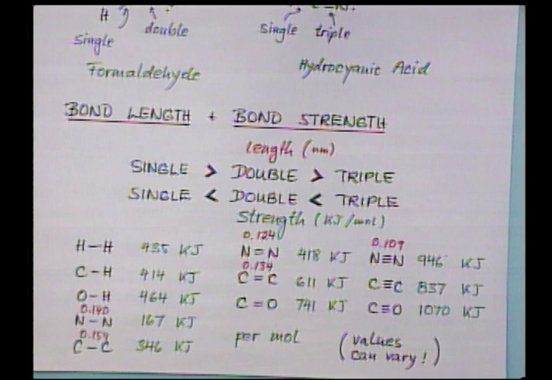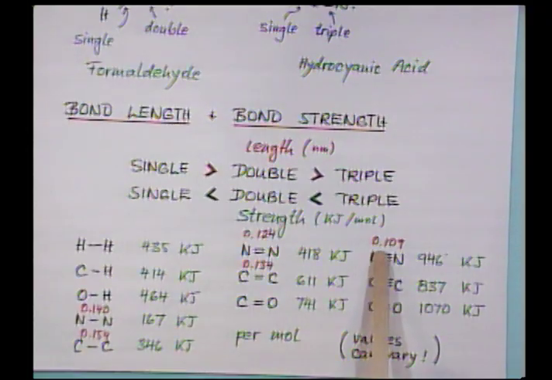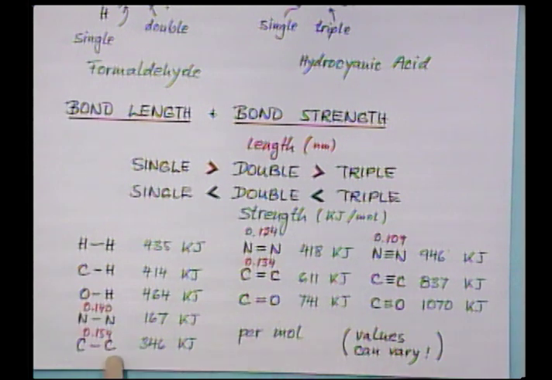But we can say definitely the trend is that the more bonds are involved, the more stable, and the shorter the length is. And we also see here that the nitrogen-nitrogen triple bond is 0.109 nanometers, and the single bond is 0.140 nanometers.